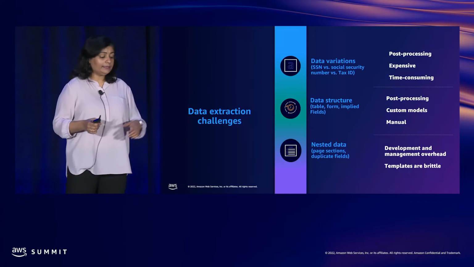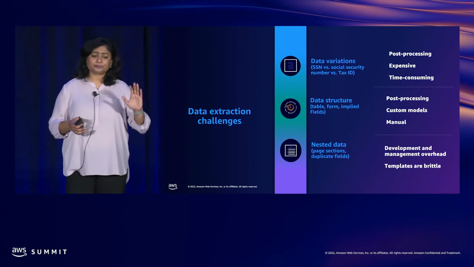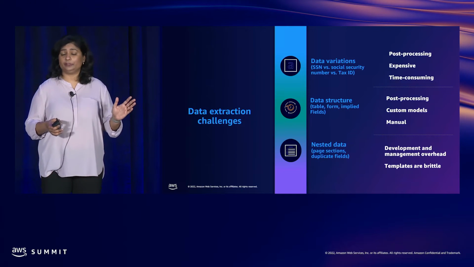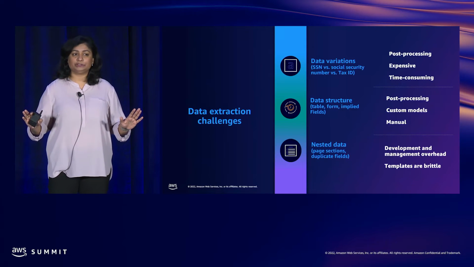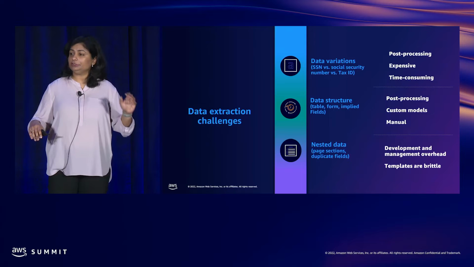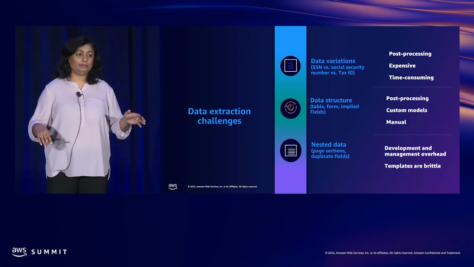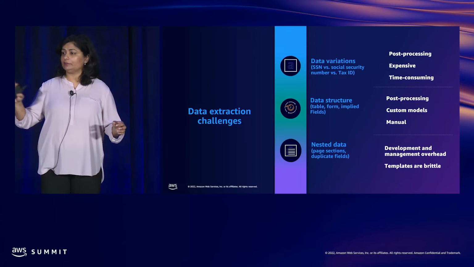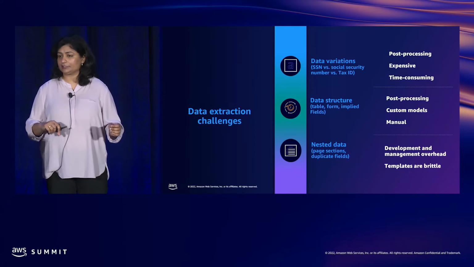The third thing is nested data. When I say nested data, imagine your application form when you apply for a loan. You have borrower information, you have co-borrower information. The borrower information has the same information being collected, maybe your name, your date of birth, your SSN, and the same fields. The keys are labeled exactly the same, and they're there in the co-borrower section as well.